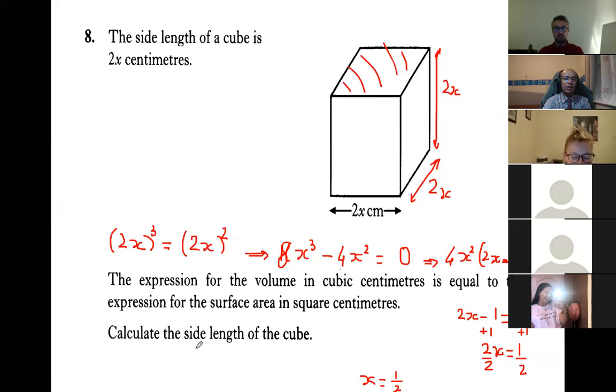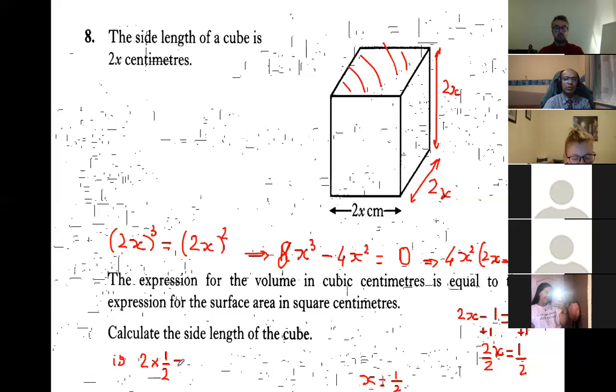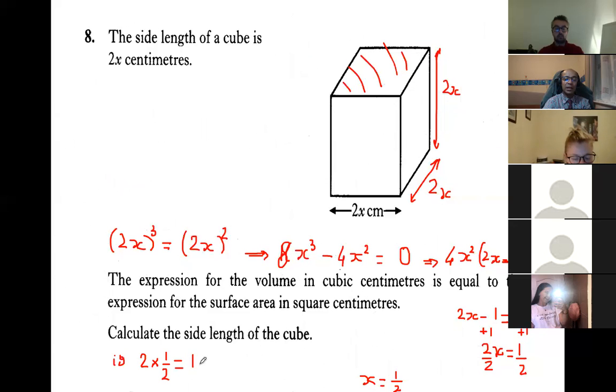Now, the question was the side length was 2 times a half. 2 times a half is just 1. So the side length is 1 centimeter.